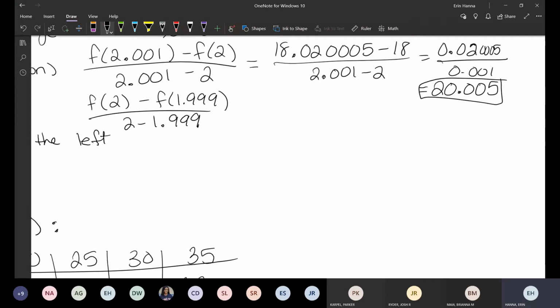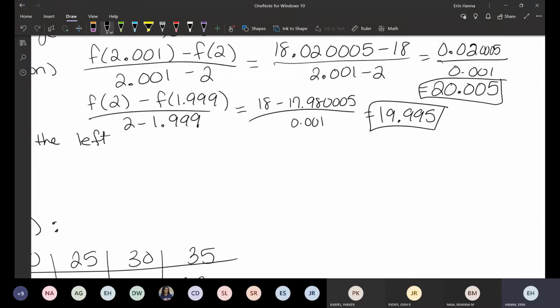You could put the f of 1.999 first as long as the 1.999 is in the denominator first. This one would give you 19.995.